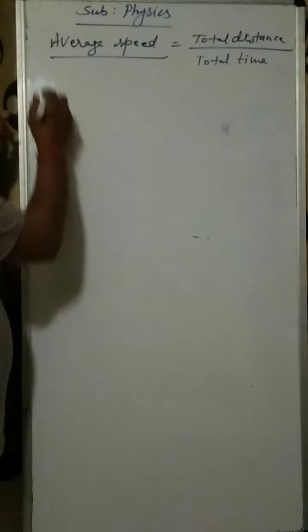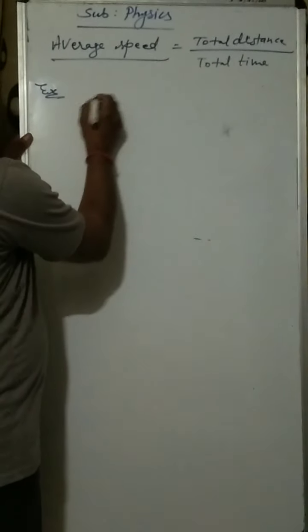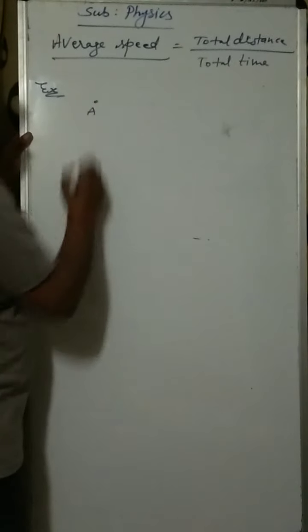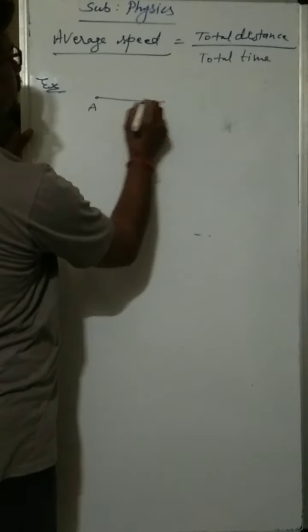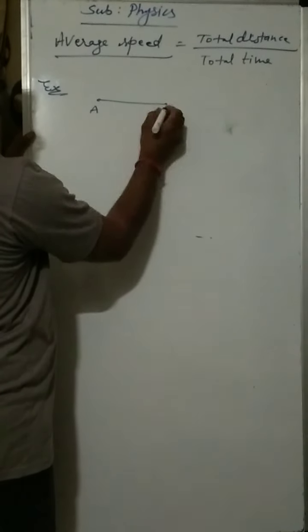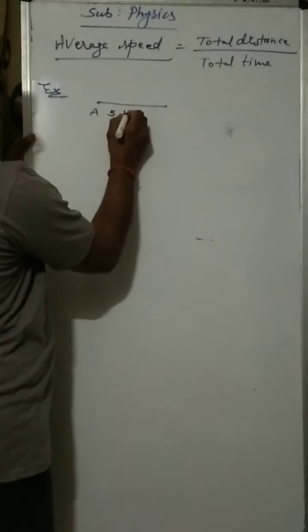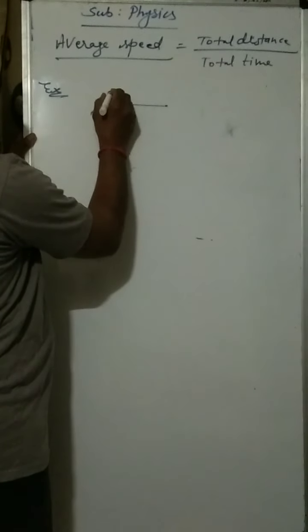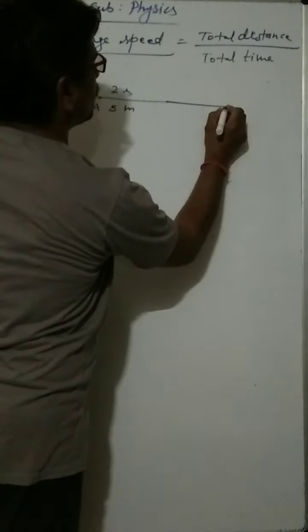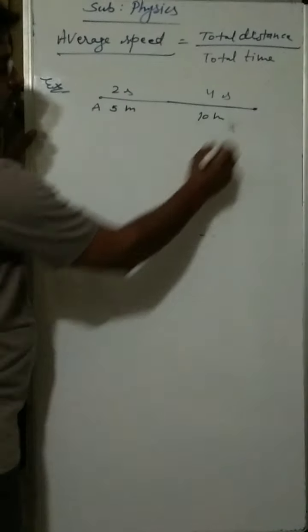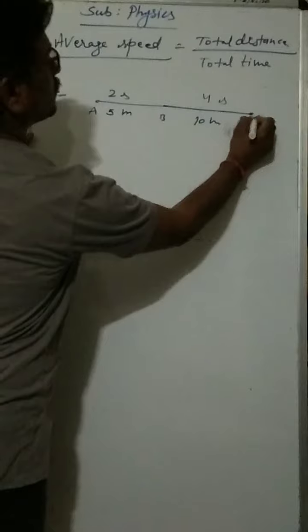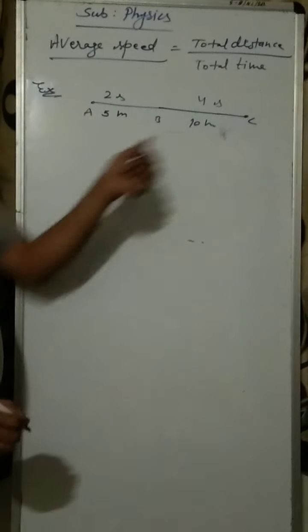Suppose one example is there. A body starting from point A moves to point B by covering a distance of, suppose, 5 meter in 2 seconds. Then it covers 10 meter in 4 seconds, and it reaches point C. So A to C is the total length.